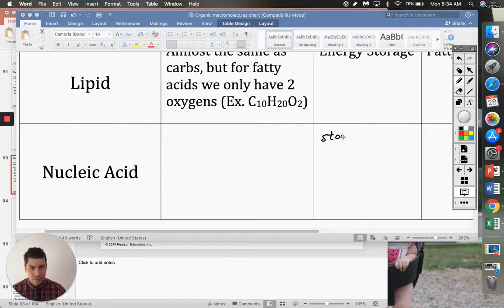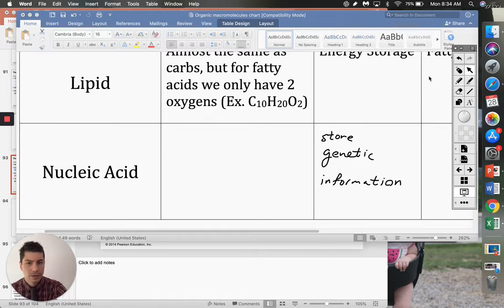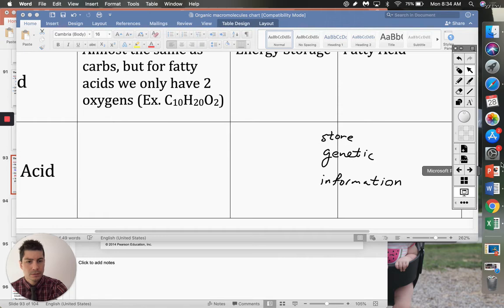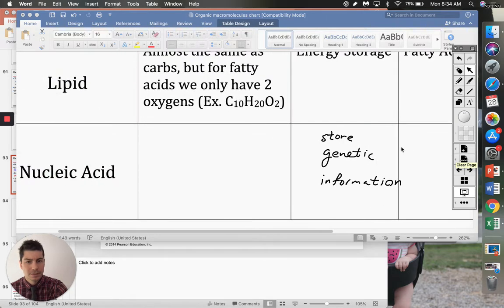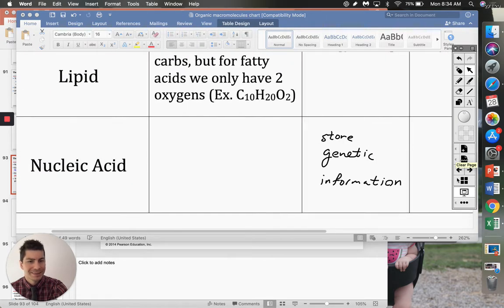Store genetic information. Okay, so there is our function.